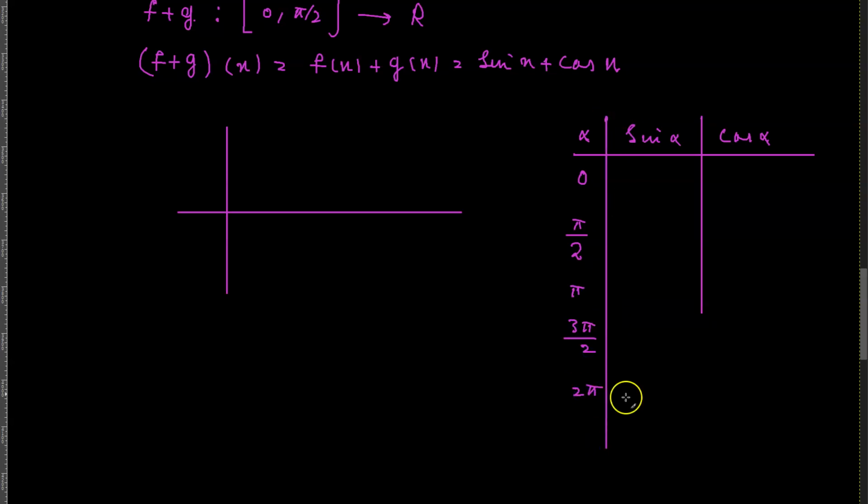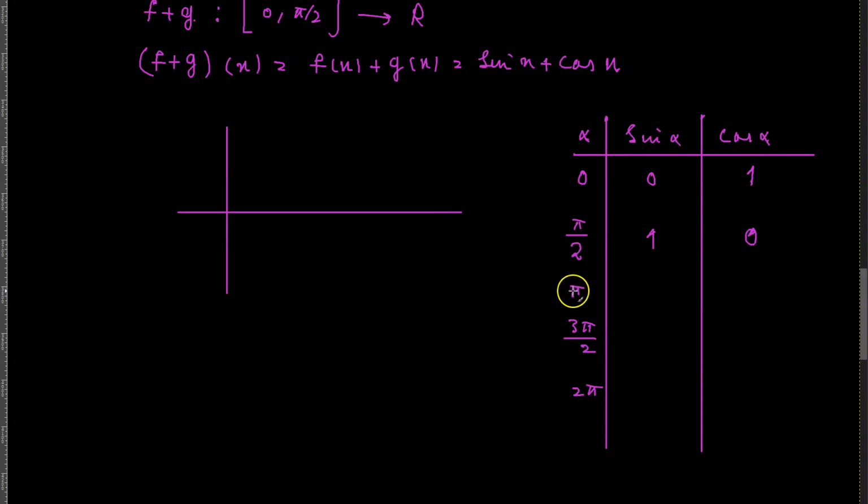And then what we have is that sine of 0 is equal to 0. Cos of 0 is equal to 1. Sine pi by 2 is equal to 1, cos pi by 2 is equal to 0.